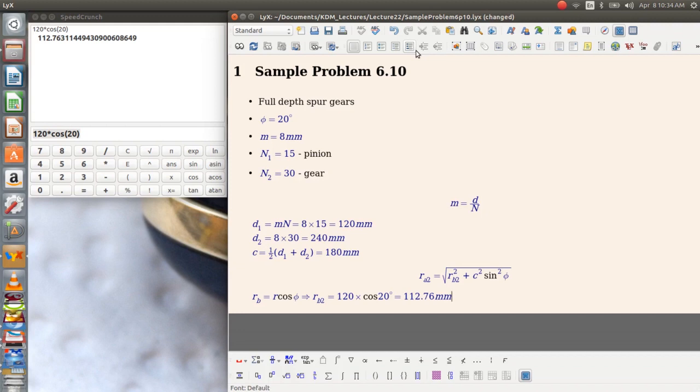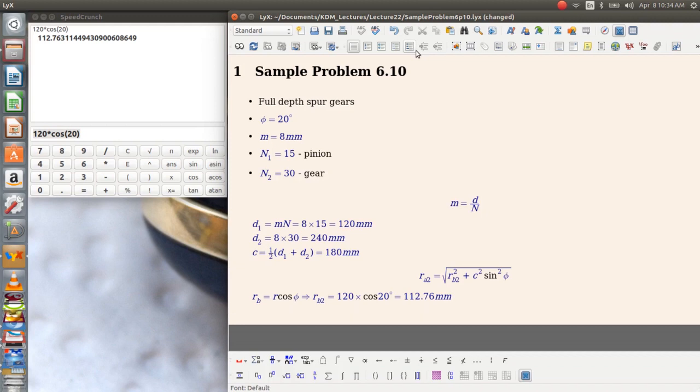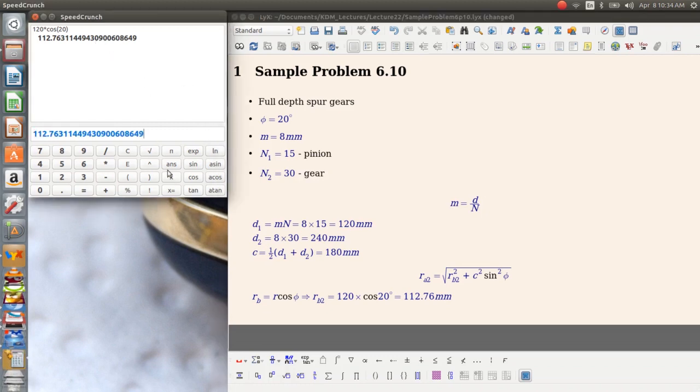I can now calculate my maximum pitch circle radius. I'll go back to my calculator here. I'm going to take and square the base circle radius. Maybe I'll go ahead and just cut that down to a reasonable number of significant digits.